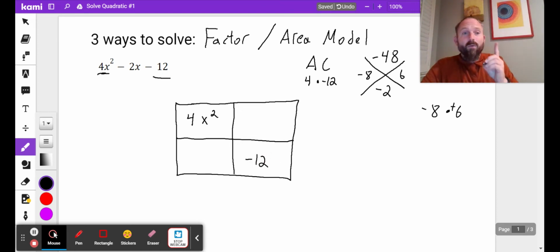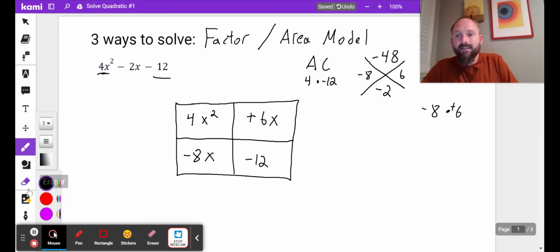But we can't figure out what's the middle one. We just did though. This negative 8 and the 6 is our negative 8x, and this should be positive 6x. So we have to do this in order to figure out what this is. So we just figured out this right here.